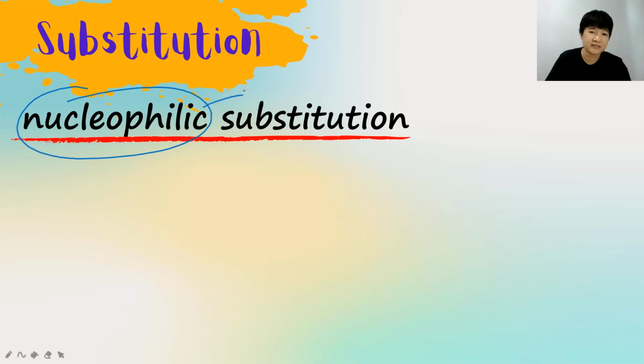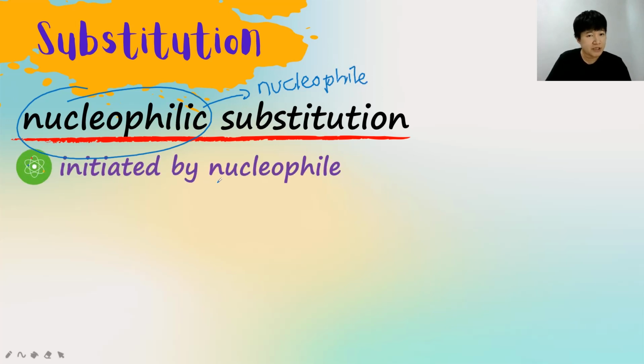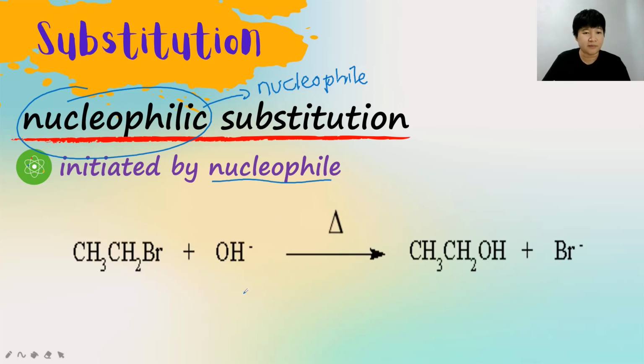In nucleophilic substitution, obviously, the nucleophile will be the one making the changes. It will be initiated by the nucleophile, like I said. And this is my example. Look at this. What is being substituted over here? Your Br is substituted by OH. The rest of the thing remains unchanged, guys: CH3, CH2, CH3, CH2.